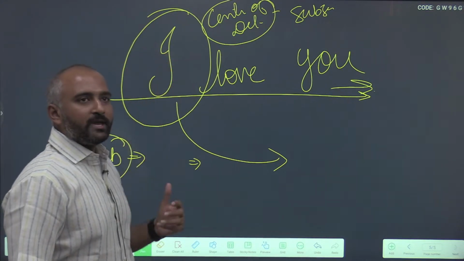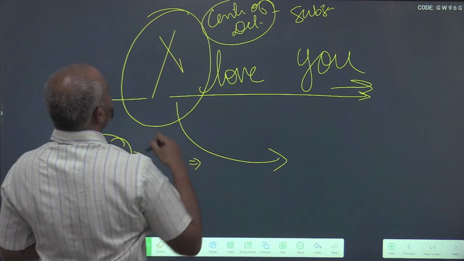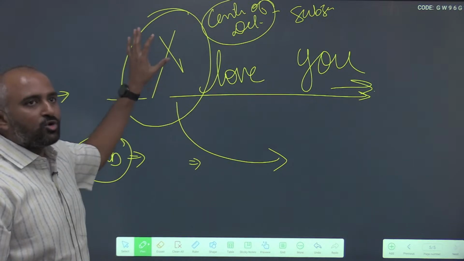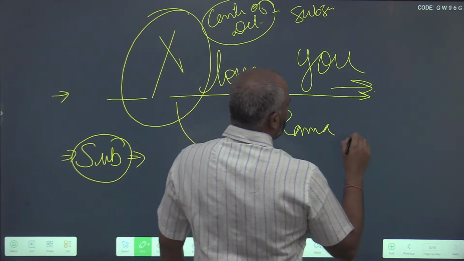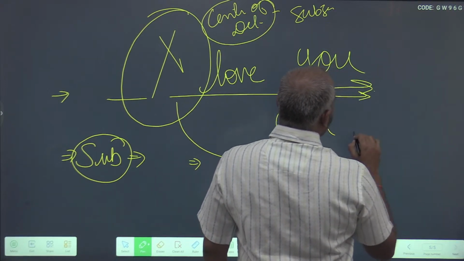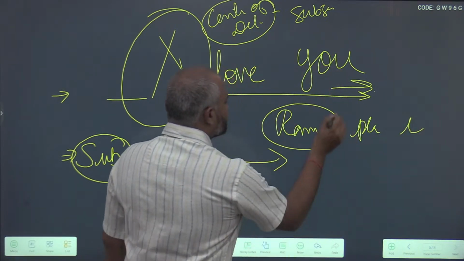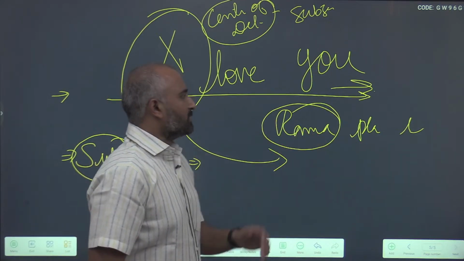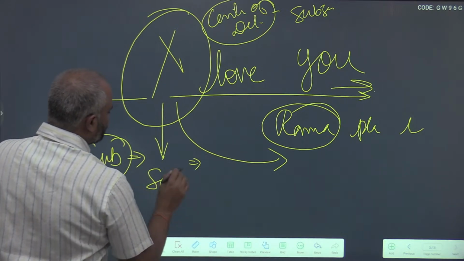I am talking about my feelings, or let us say, let this be X. Whoever is there in this place, I am talking about that. For example, Rama plays football. Who am I speaking about? I am speaking about the skill possessed by Rama. Subject is the thing which you talk about.